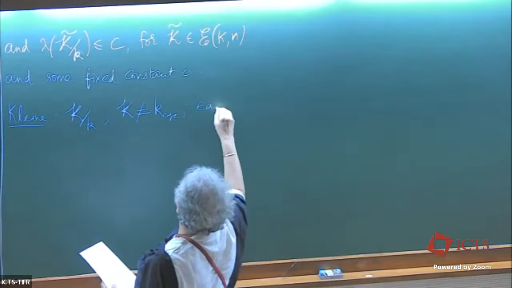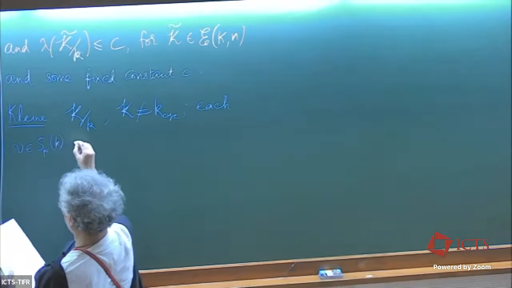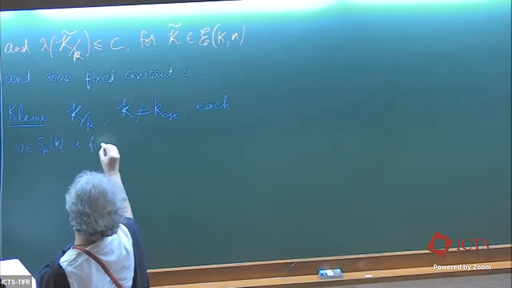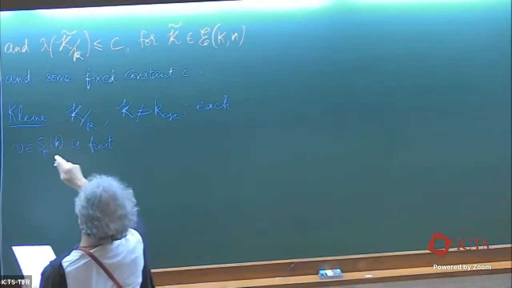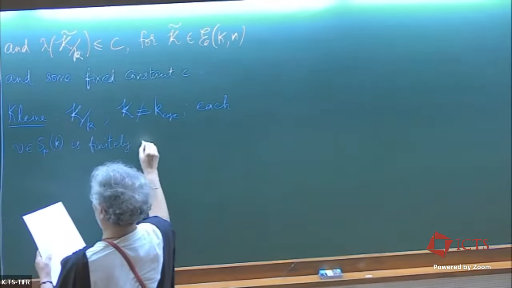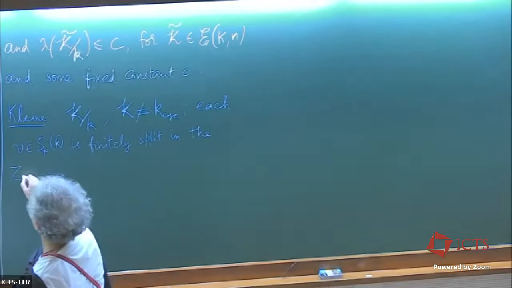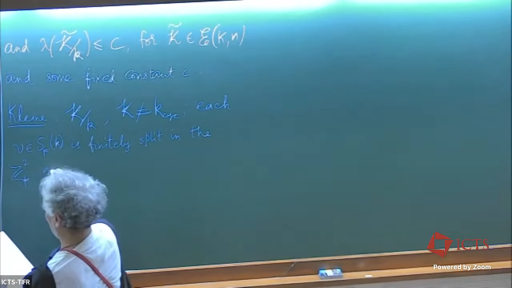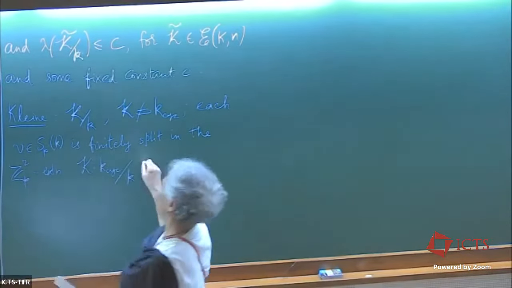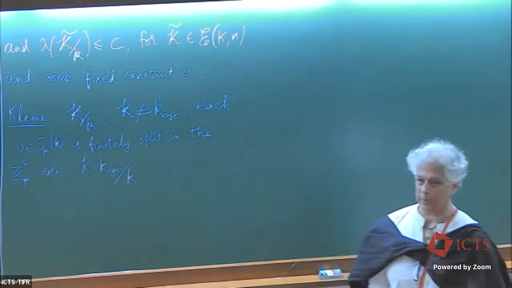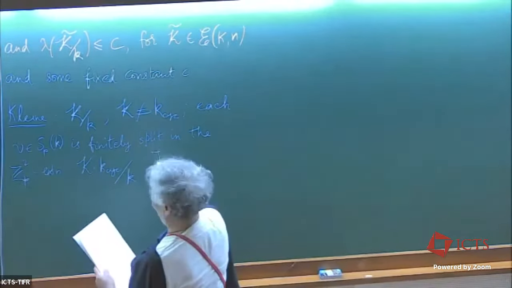And then again, you have this hypothesis that each prime in the primes above p is finitely split, which lies above, I mean a K tilde in K, which is lying above an S_p of K. This is finitely split in the Z_p^2 extension taken by this composite K tilde K cyclotomic over K. This is now a Z_p^2 extension.